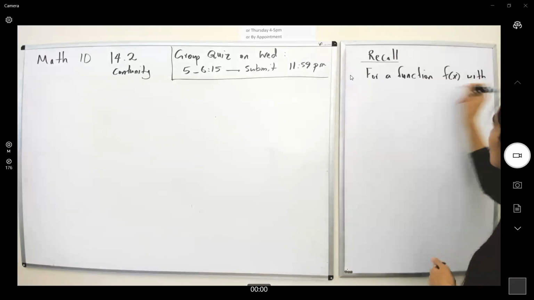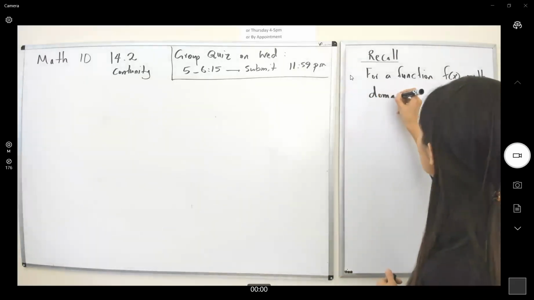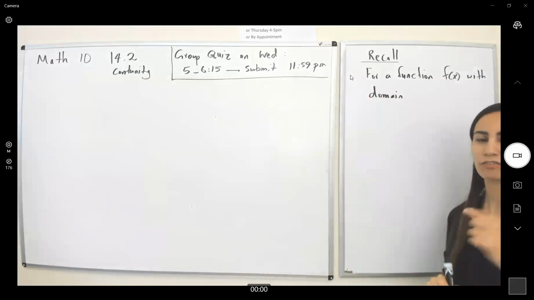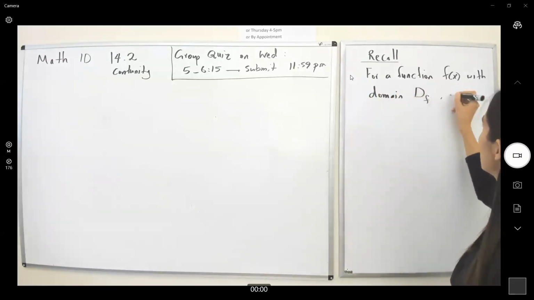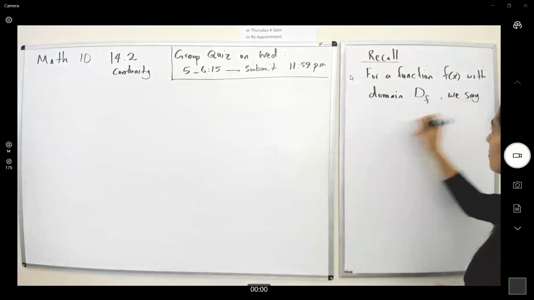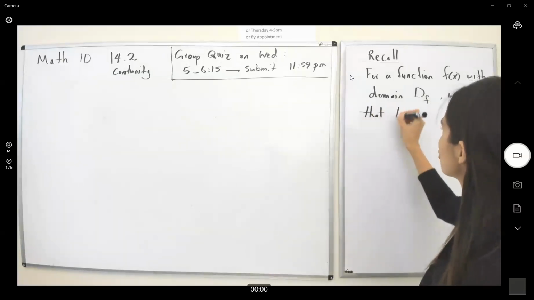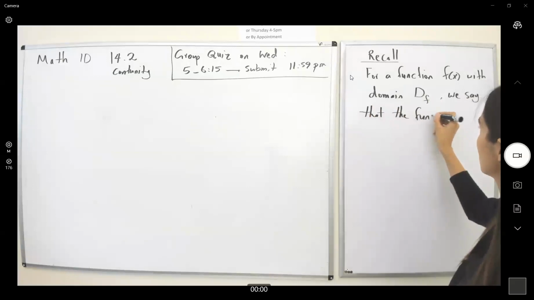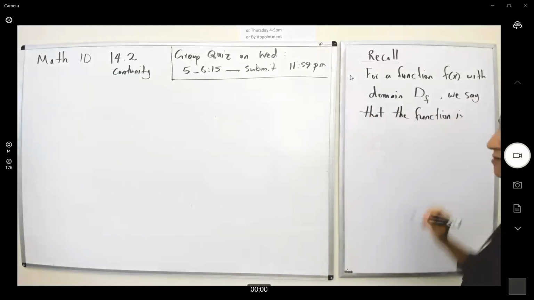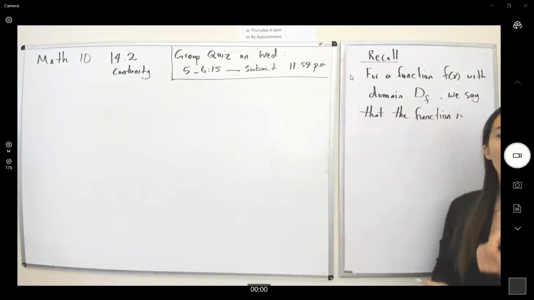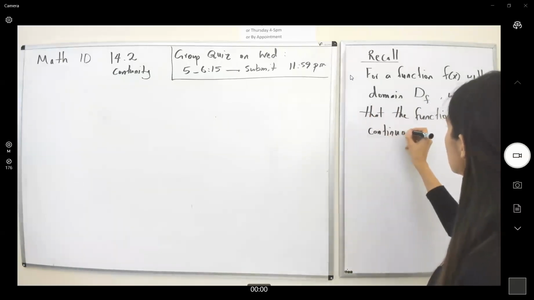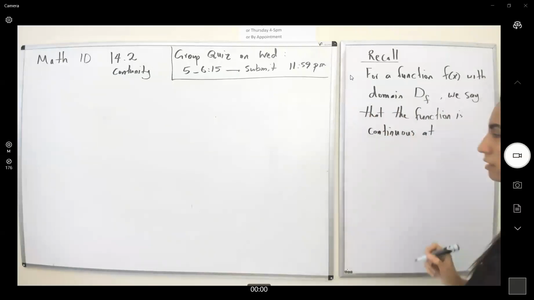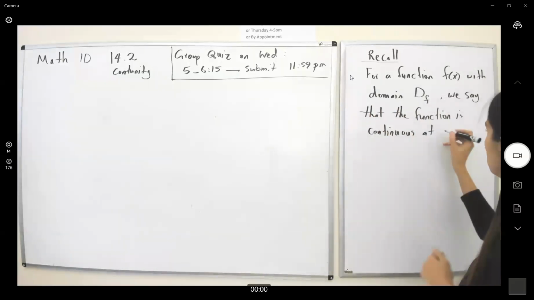We usually denote the domain of the function with D of f. We say that the function is continuous at a number, let's say at a.